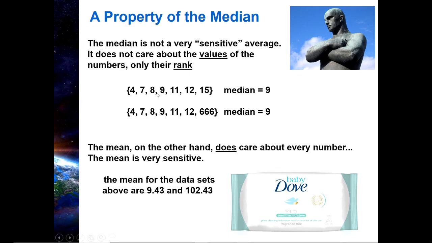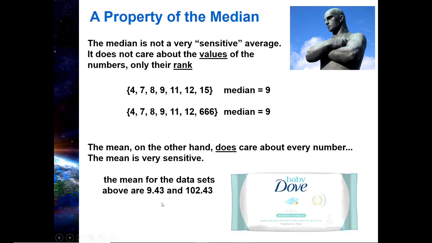Yes, because if we change 4 to negative 4,000, this time the mean is going to be pulled out towards this direction, because now the negative 4,000 is a huge number only in this direction. So the mean is going to be drawn towards that number, because the mean is trying to find the center of gravity. But the point here, as far as sensitivity goes, is that the mean is influenced by every single number.